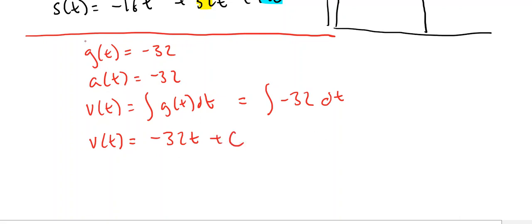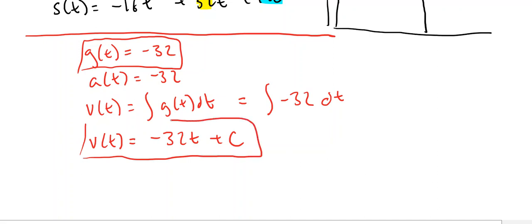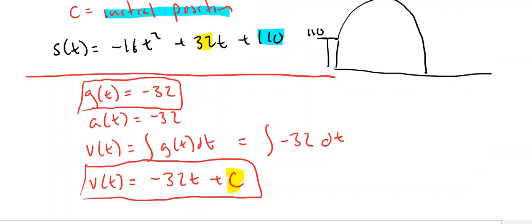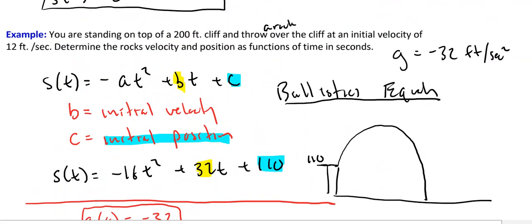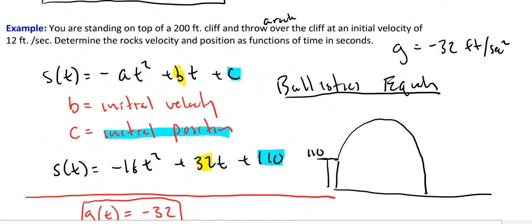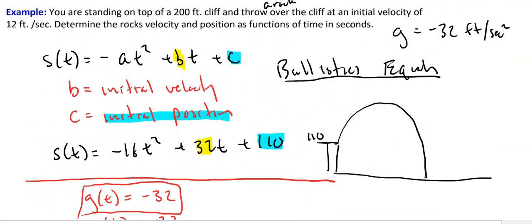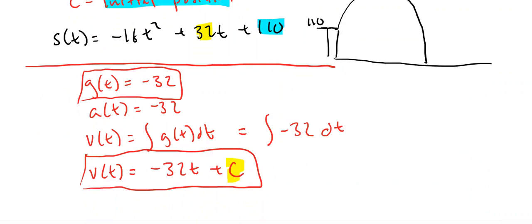So we have an initial acceleration due to gravity, and from that we have now derived a velocity equation. However, we want to find a value for c. To find the value of c, we have to go back to the original problem, and it says that the initial velocity was 12 feet per second.